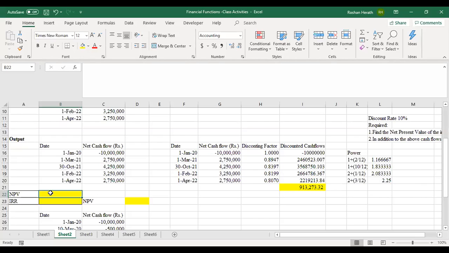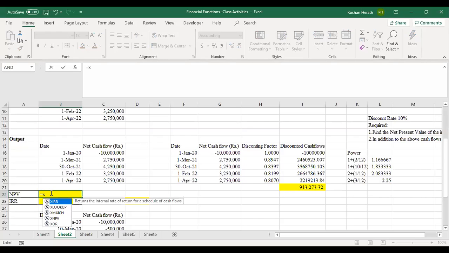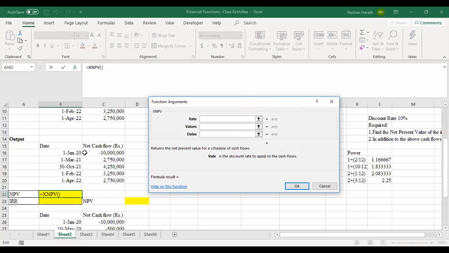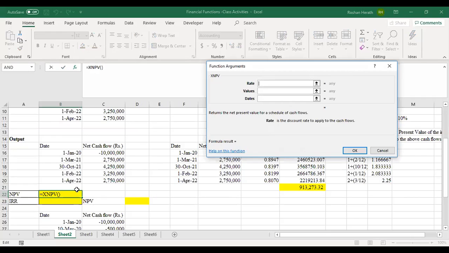So here what you have done, you have taken this XNPV relating to the given activity. There you have the cash flows starting from 1st of January 2020 and going up until 1st of April 2022. You can see that these dates are in order, with the corresponding cash flows.